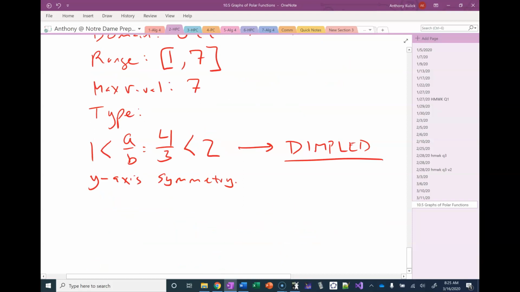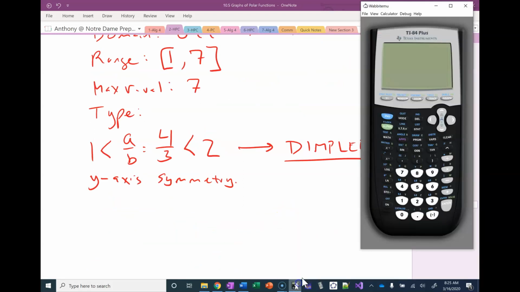Okay, so let's confirm that now with our calculator. So we'll pull up our calculator. All my mode and everything is fine because I was just using this to do another polar function a moment ago. So I'm going to clear that one out and do 4 minus 3 sine theta.